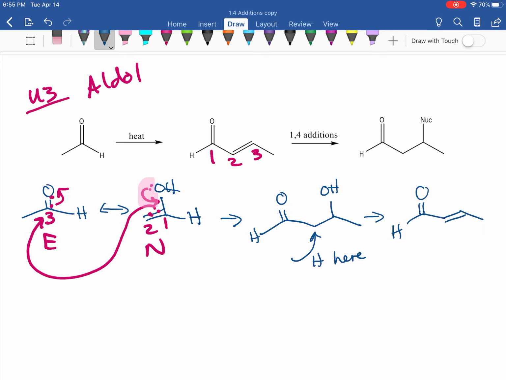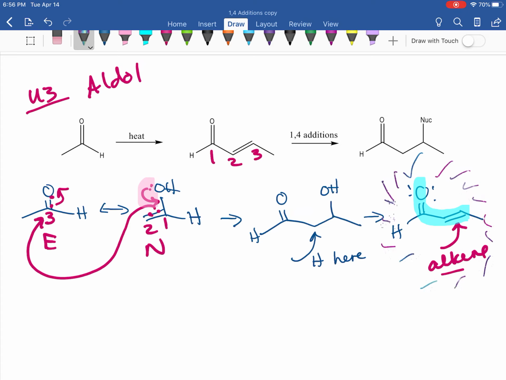Sometimes that just happens because that is favored. You now make that conjugated alkene right there. This is not a normal alkene. This alkene is not just any old alkene because it is connected through conjugation with that ketone. So these are very specific substrates.